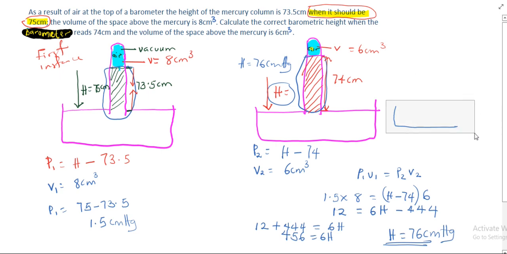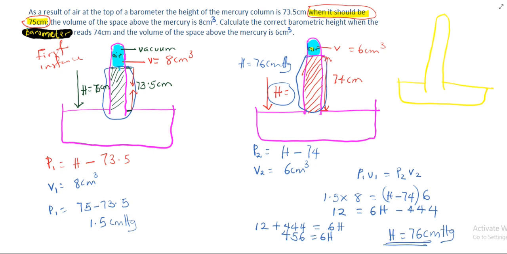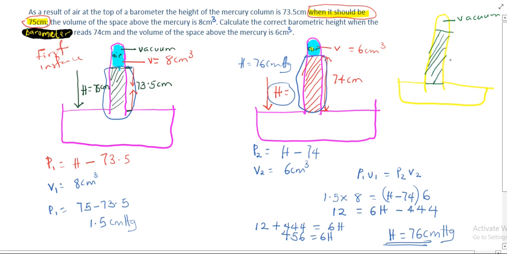If there were not to be any air here, let's say there's no air here, that therefore we're having a vacuum here, what we'll have as the length of the mercury here will be the correct atmospheric pressure, which is 76 centimeter of mercury, instead of having 74 here.